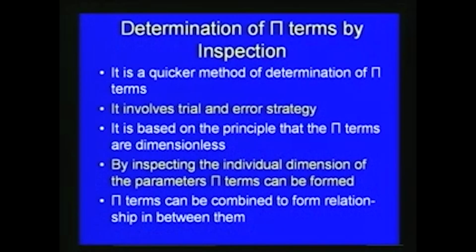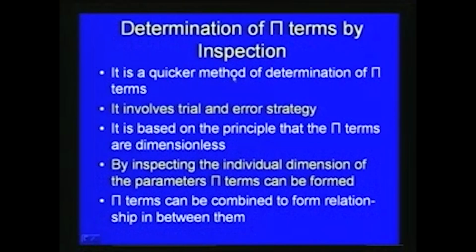So next is the determination of pi terms by inspection. While doing the dimensional analysis using the Buckingham pi theorem, we can do some inspection, or we can check and determine the pi terms the way they are coming.